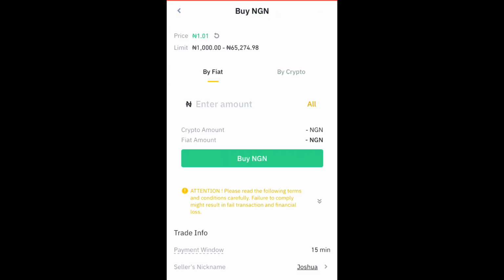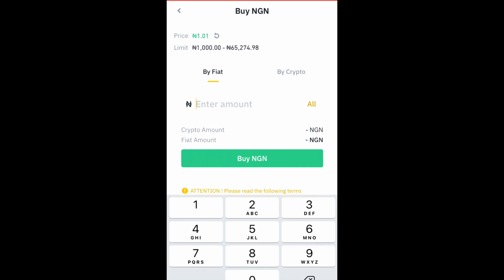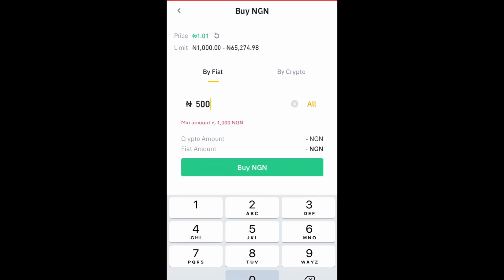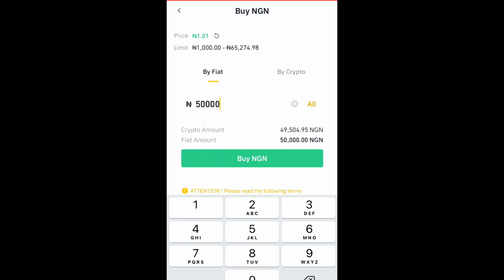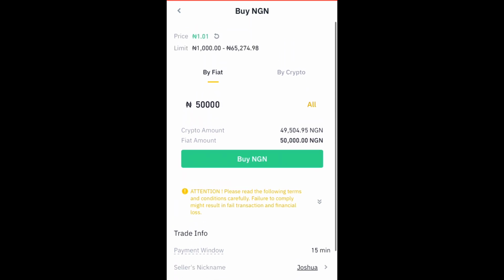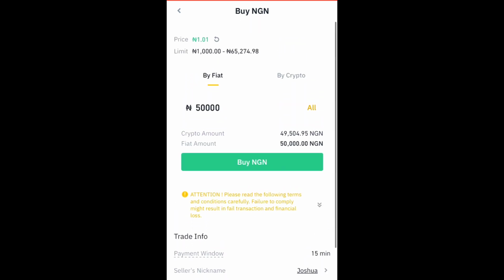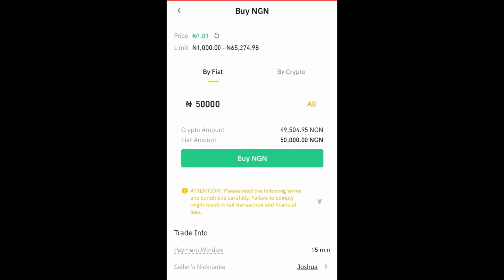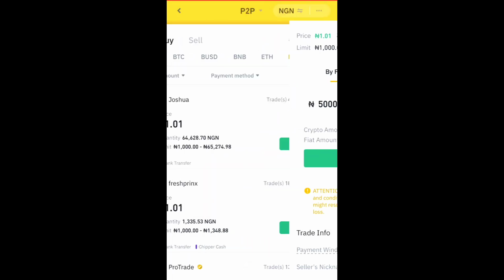So let's say I want to purchase 50,000 worth of NGN. After purchasing this 50,000 worth of NGN, you will receive this 49.5 worth of NGN. It's more like a currency.